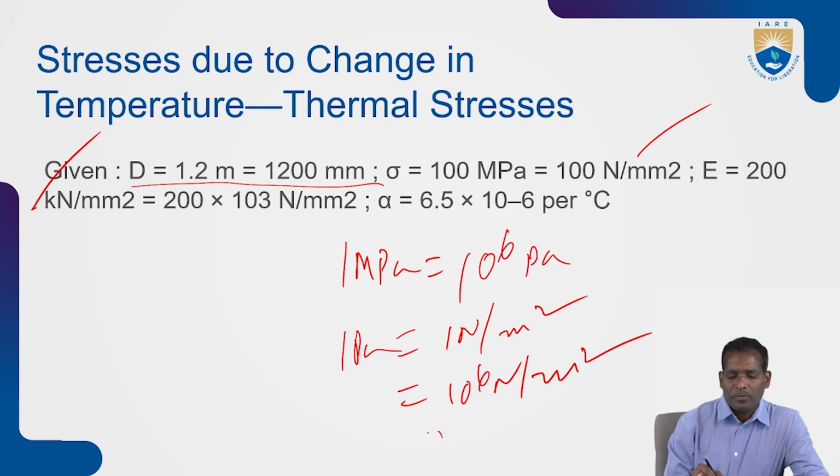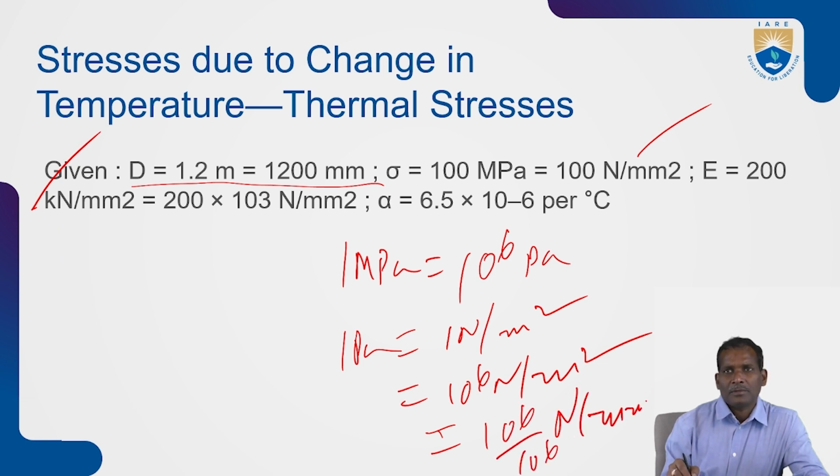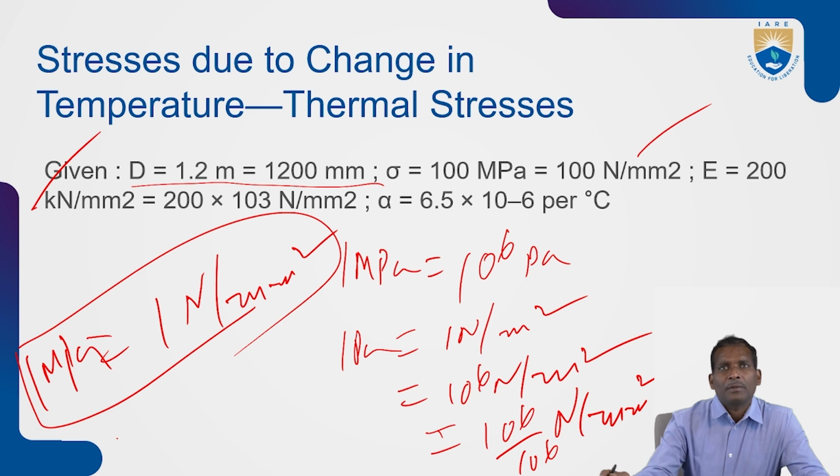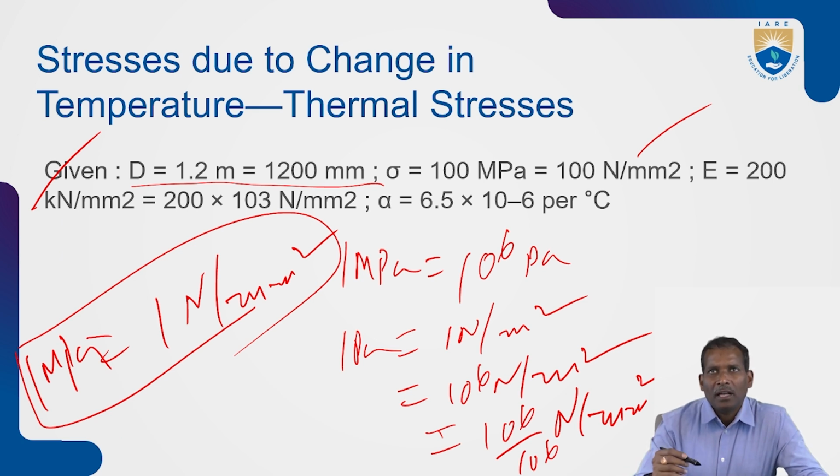Convert into mm square, 10 to the power of 6 by 10 to the power of 6 Newton per mm square. So you will get 1 Newton per mm square. 1 megapascal is equal to 1 Newton per mm square. So the 100 megapascal converted into Newton per mm square is 100 Newton per mm square.